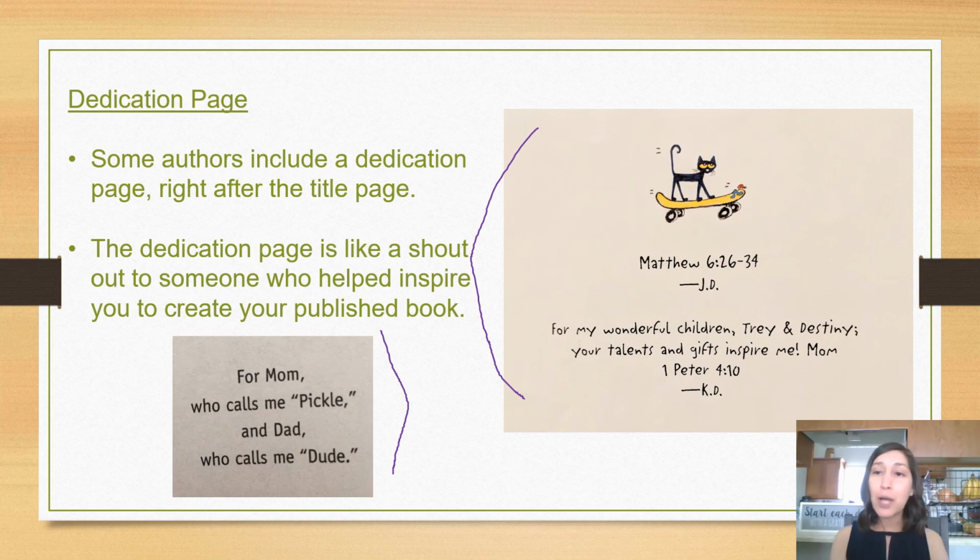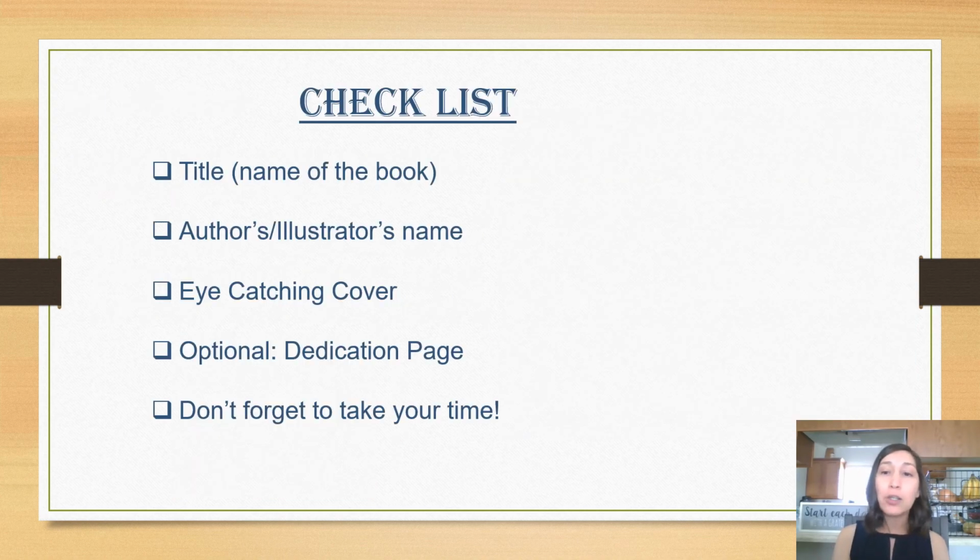So let's go through our quick checklist of what your cover needs to include. You need to make sure you have a title page. You need to make sure that you have an author and illustrator section. And then it needs to be an eye-catching cover. And then once again, the dedication page is optional. And then most important of all, friends, don't forget to take your time.